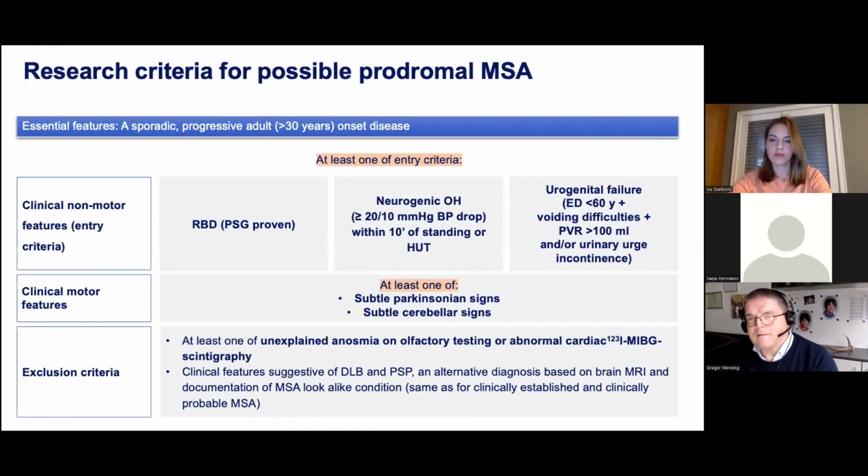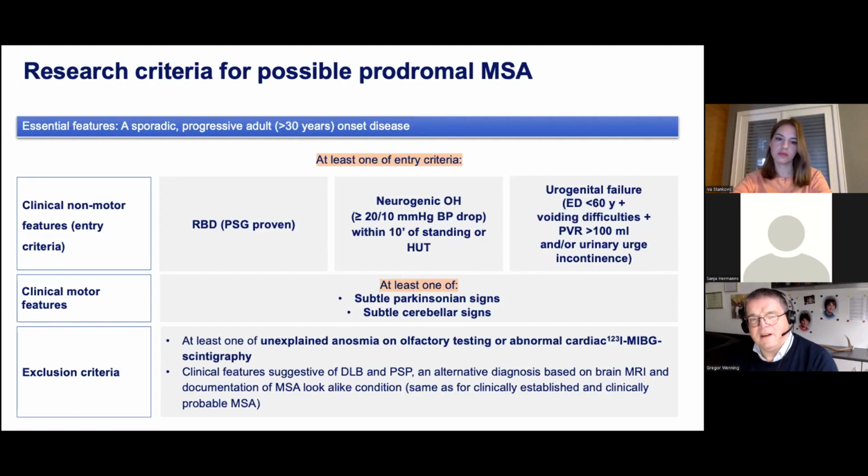Now we come perhaps to one of the major innovations here in the MDS MSA criteria. And these are the criteria for possible prodromal MSA. Basically, there are 3 distinctive non-motor ways to enter into MSA.